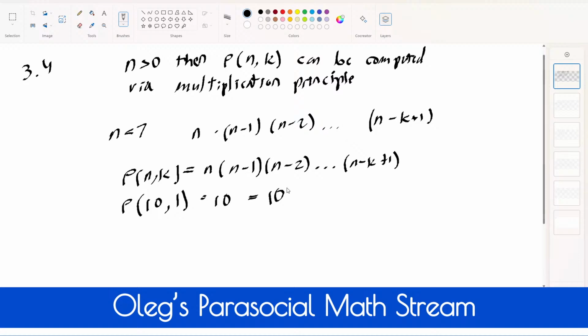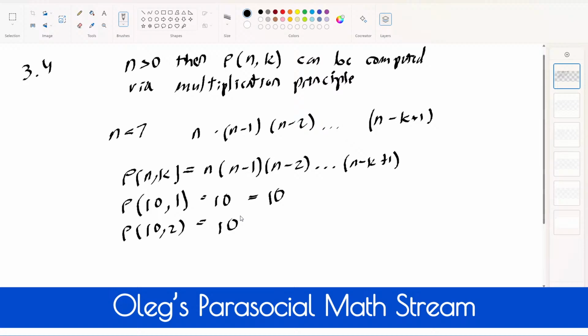All right, if we go P of 10, 2, now let's fill this in. The k tells us the number of times we're going to go down, as you know. So the first one is our n, and then the k tells us we will need it a second time.